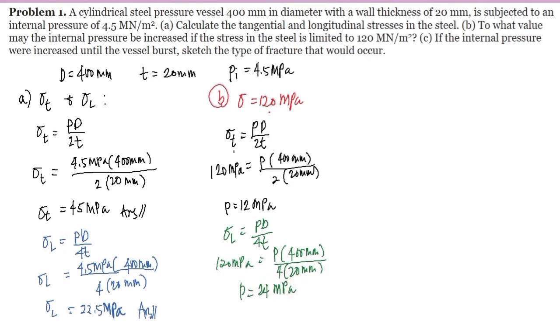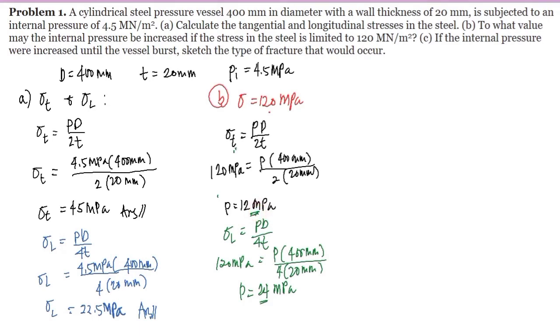Yung internal pressure na kakayanin ng tangential stress is only 12 megapascal. And the internal pressure na kakayanin ng longitudinal stress is 24 megapascal. Now, if the internal pressure exceeds 12 megapascal, magpi-fail na siya.